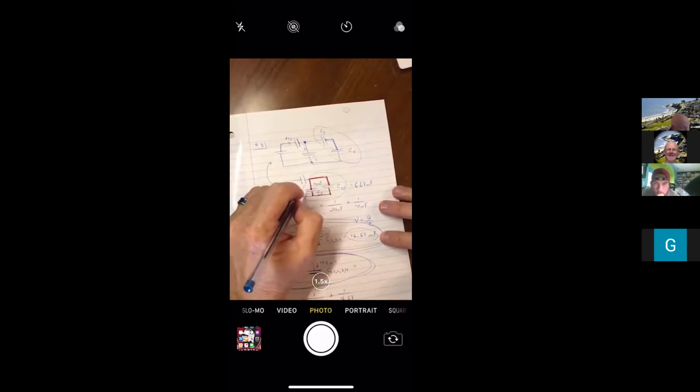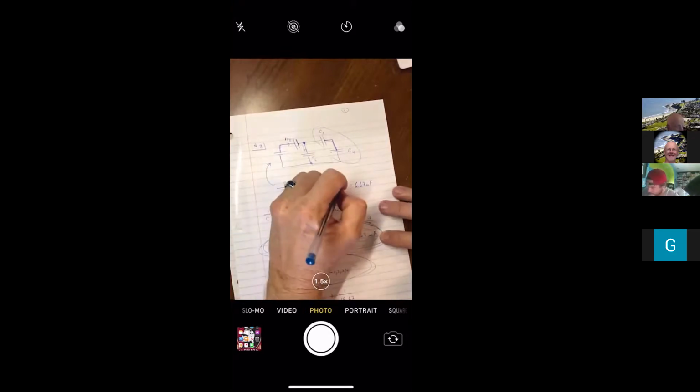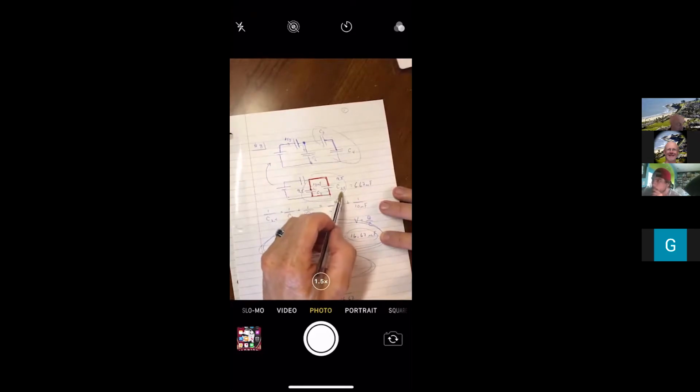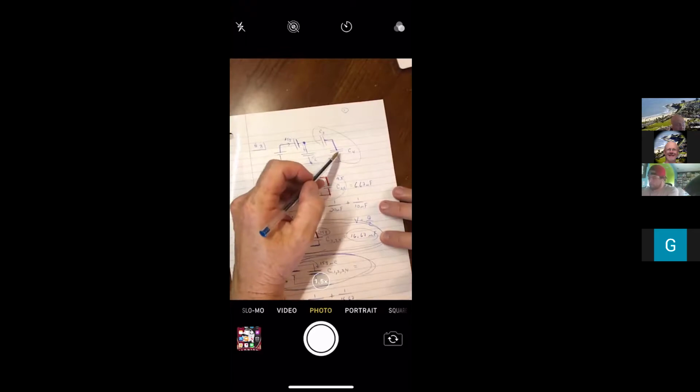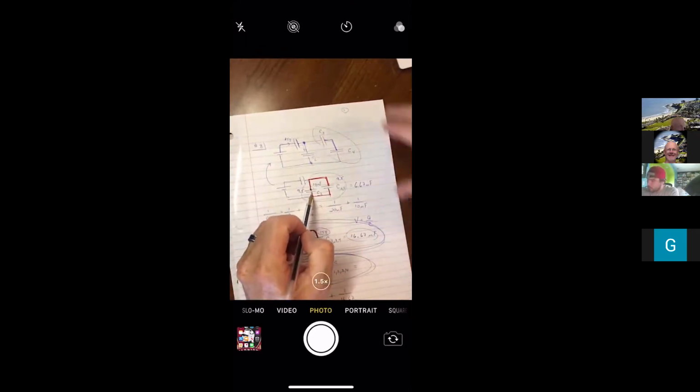So this equivalent one is telling me that this is 9.5 volts across capacitor number 2. It's also 9.5 volts across the combination of 3 and 4. Now, I want to know 3 and 4 individually.